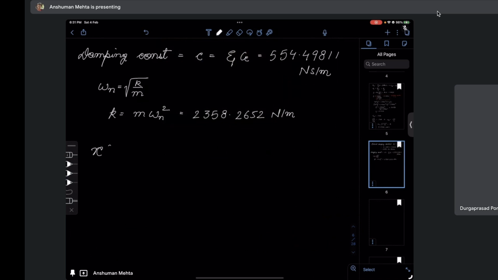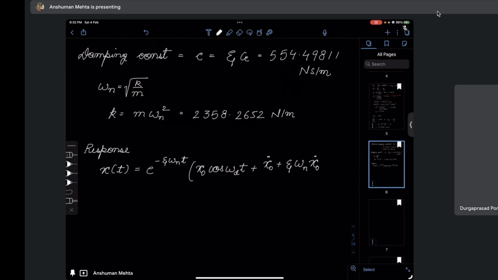So what we are doing is we will be finding the response. The response of our underdamped system can be written as x(t) is equal to e to the power minus zeta omega n t, bracket start, x naught cos omega d t plus (x dot naught plus zeta omega n x naught) by omega d sin omega d t.